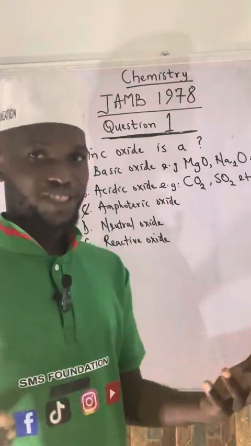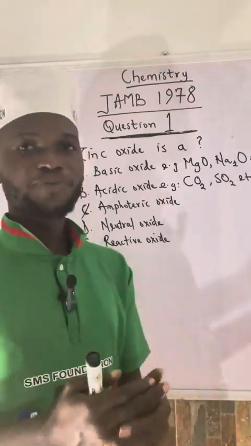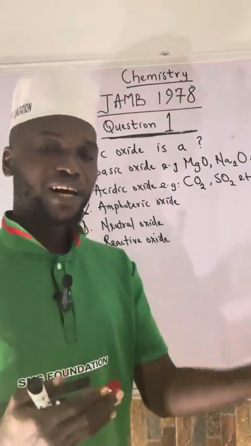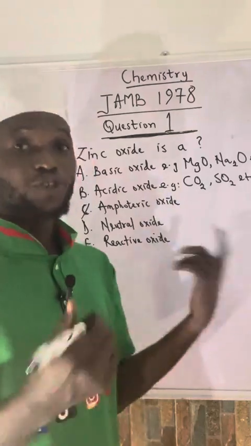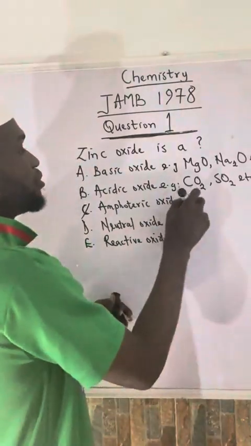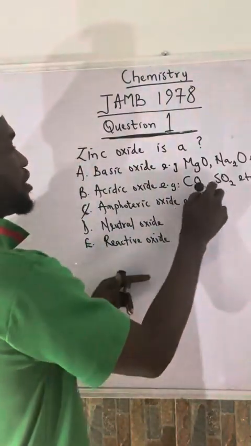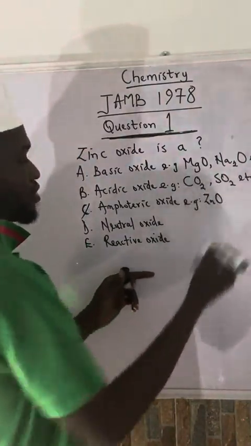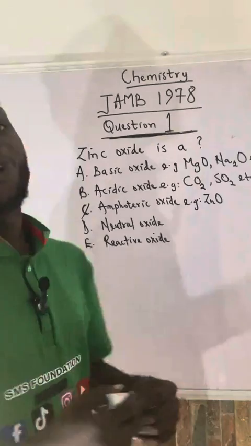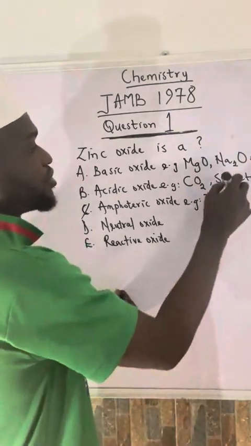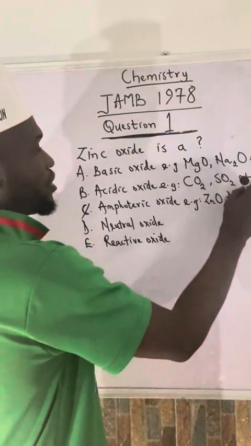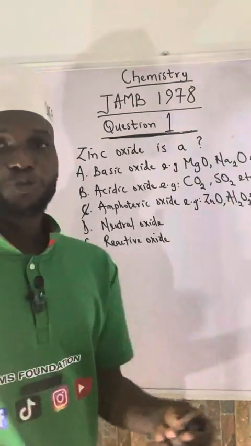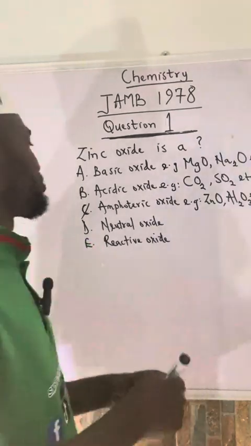When a transition metal like zinc combines with oxygen, it leads to the formation of an amphoteric oxide. A good example is what we have here, which is zinc oxide. Zinc oxide is an amphoteric oxide. Another one is aluminium oxide. We have so many examples of amphoteric oxides.